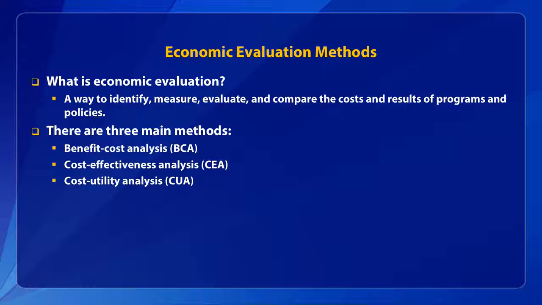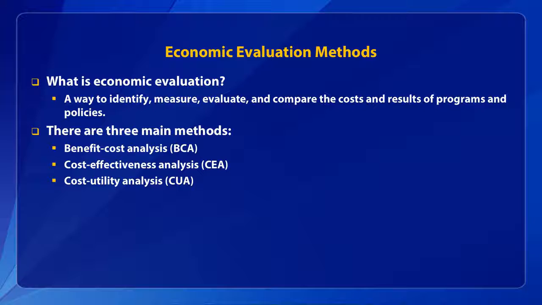A comparison of costs and benefits is the next step in economic evaluation. In this step, we assess both the costs of an intervention and the benefits it provides. The two main types of this assessment are benefit cost analysis and cost effectiveness analysis. In benefit cost analysis, which will be discussed in Module 4, program costs and benefits are converted into dollars.